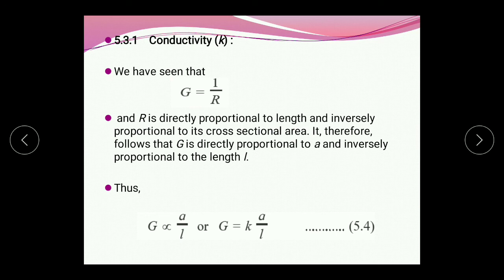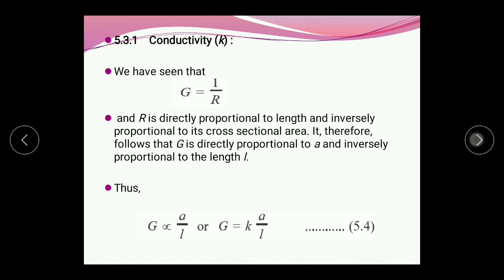Again, we will take one proportionality constant. G equals K into A upon L. What is K? Conductivity, we said. Rho is resistivity, the proportionality constant for the resistance equation. In the same way, for the conductance equation, we get one proportionality constant, and that is K, which is called conductivity.